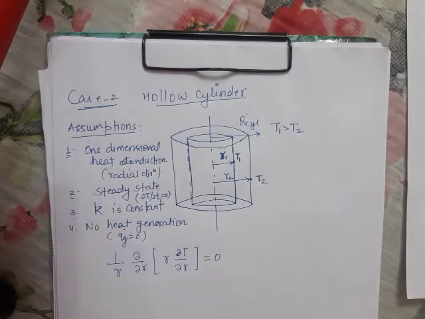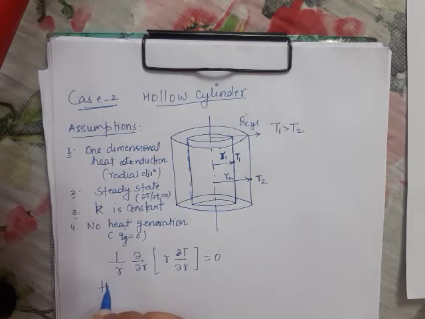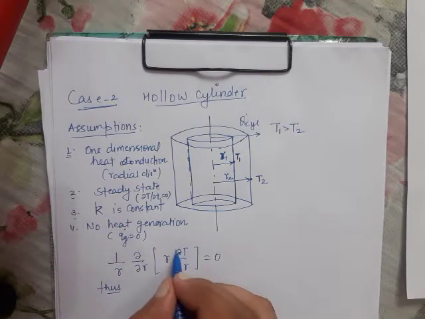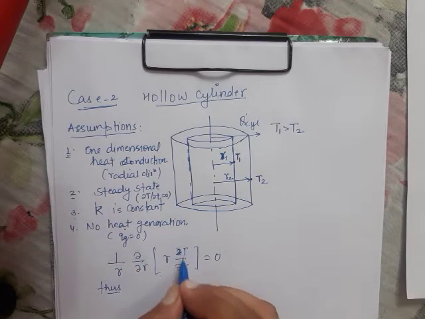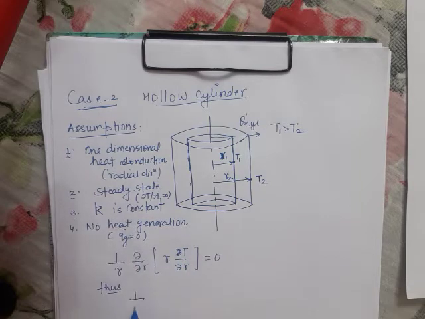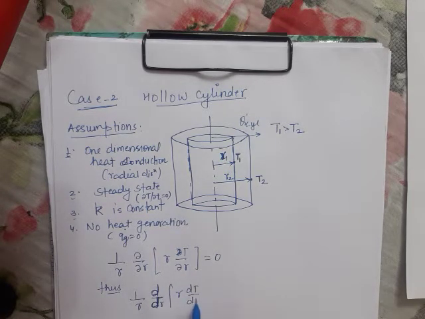Now let's move forward. For one dimension, this partial derivative can be written in total derivative form: d upon dr of r dT upon dr equals 0.